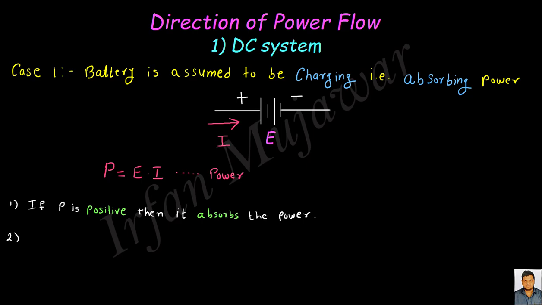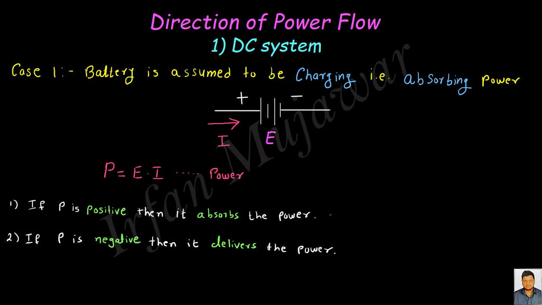Whereas if P is negative, then the battery will deliver the power. So the sign of power is very important to determine whether a battery is absorbing or delivering the power. And this statement is valid for this particular convention where current is entering the positive terminal, that is, we are assuming that this battery is charging.